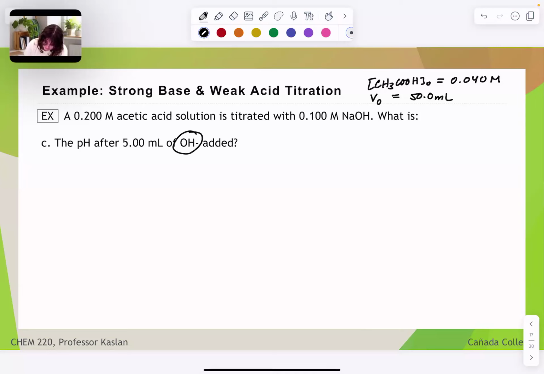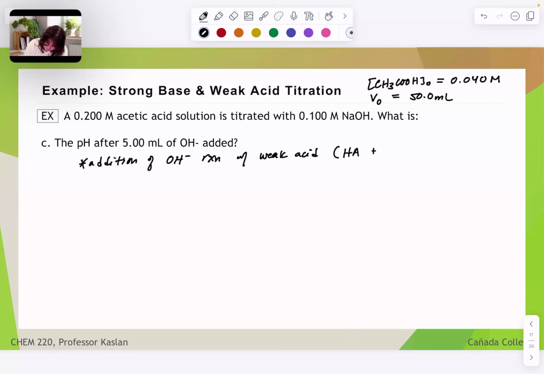So let's think about what's going on when we add hydroxide. The addition of hydroxide causes a reaction with the acid. Because remember, our weak acid HA is a proton donor.